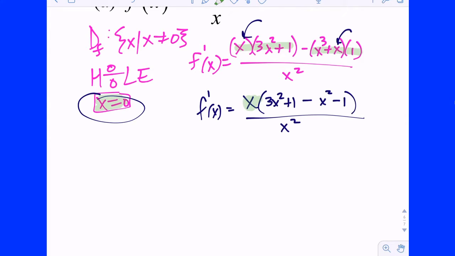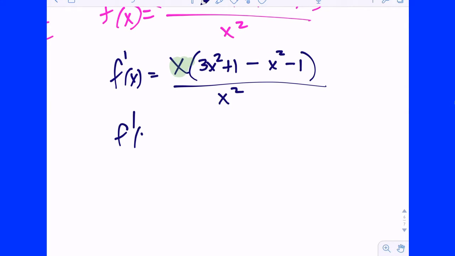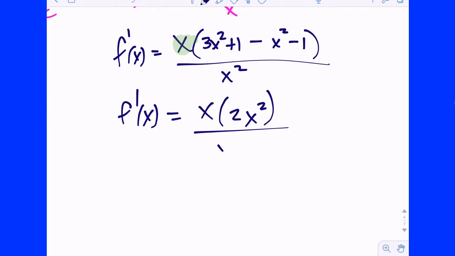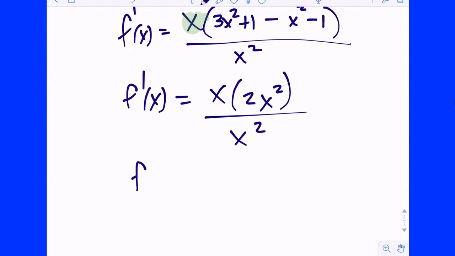He really, really wants so badly to be a critical value. He makes the numerator 0. All right, so if we clean up what's left, we get 3x squared minus x squared. That's 2x squared. And 1 minus 1, really? It goes away? What happens here? X squareds divide out, you're left with 2x.